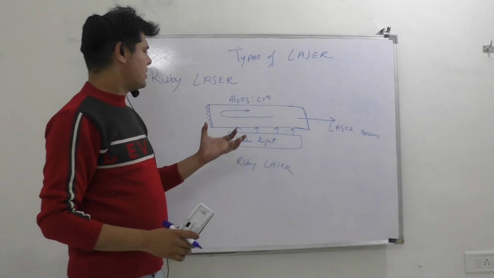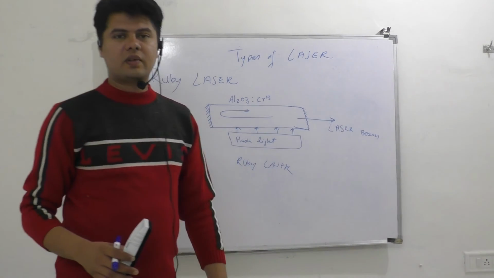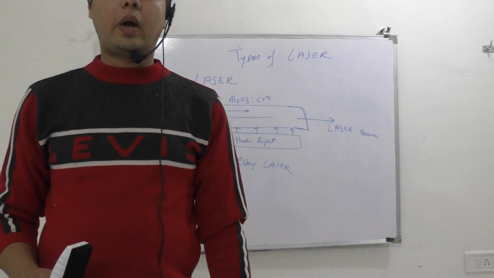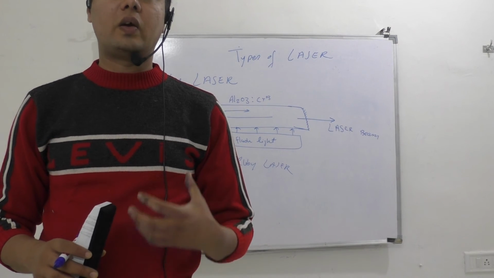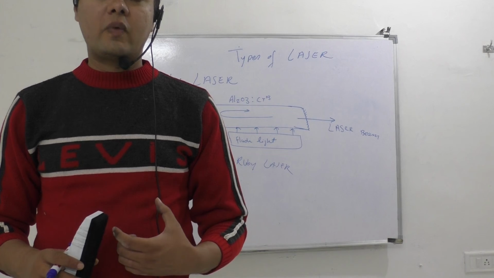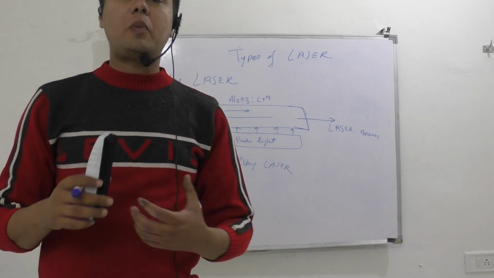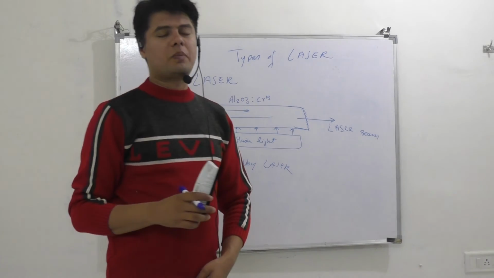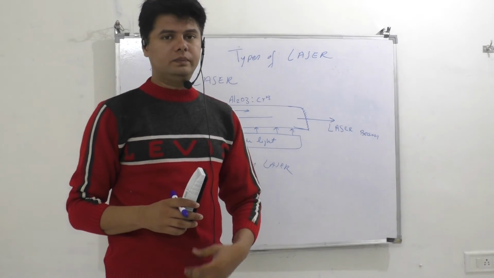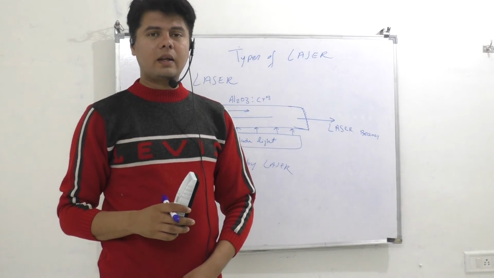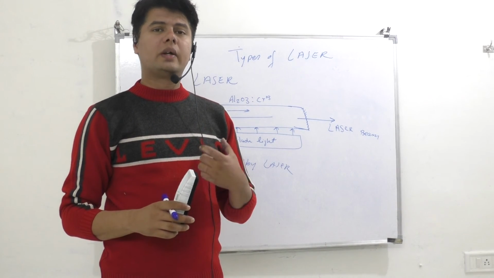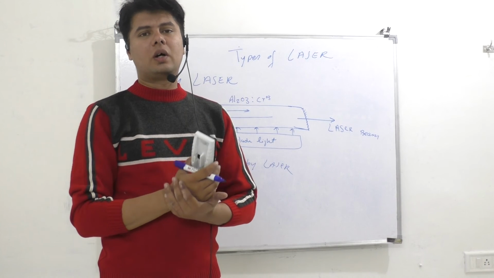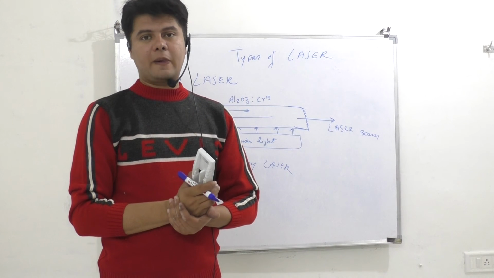This is a general diagram of a ruby laser, where a glass tube contains the ruby crystal, which is made of aluminum oxide doped with chromium, and a flashlight is introduced to give photonic light to the ruby crystal.